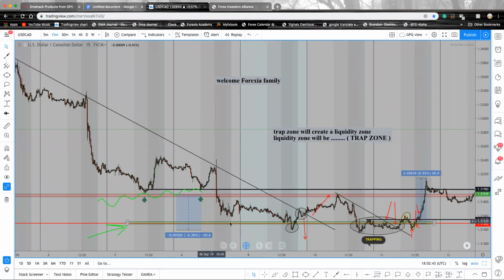The point is you could identify the trap zone, then predict the liquidity zone, trade that move to the liquidity zone, and then you know it's going to trap people. Wait for your confirmation to buy when they sell. Well, I'm going to be honest with you guys, because I'm not the type of fake it until you make it.